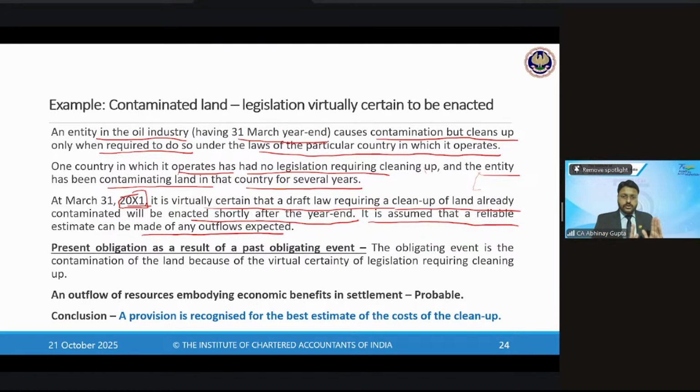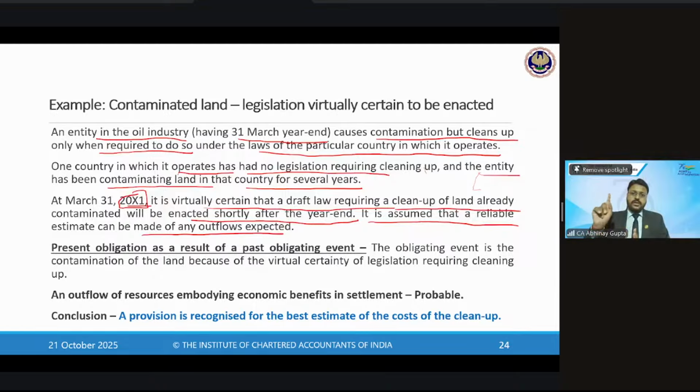So it means it is virtually certain, yes or no? So conditions were there on 31st March. The event occurred, that is, the law enacted on 10th of April. So by virtue of Ind AS 10 as well, it is an adjusting event. Yes or no? So Ind AS 10 says it is an adjusting event. And here under Ind AS 37, the past event is what? Contamination. That is already done.